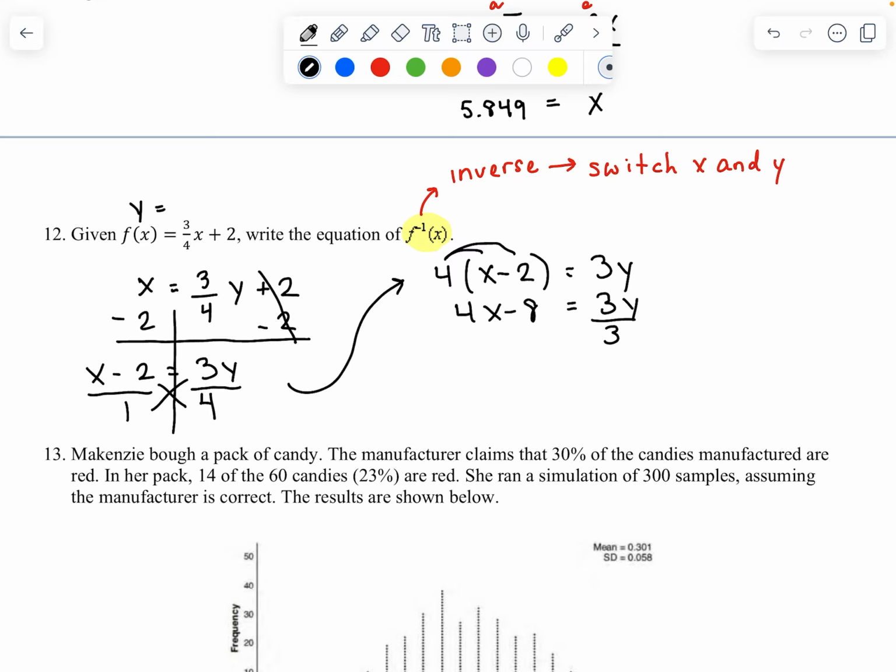And when you do the division, usually they'll actually divide it by both. And you can leave this as y, but because they said write this equation, I'm going to actually put that back in like that.